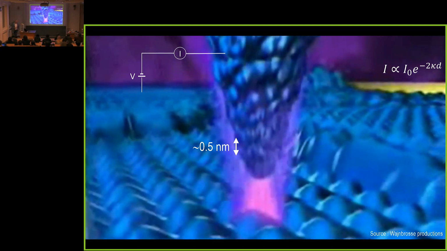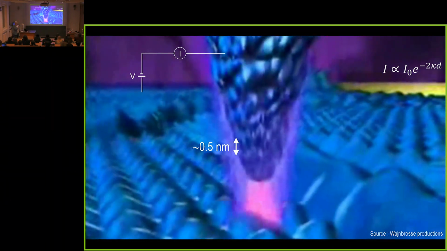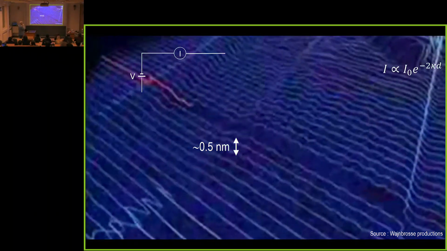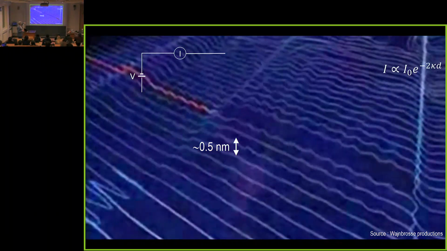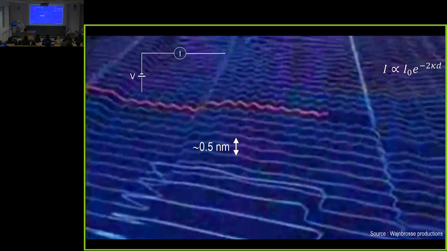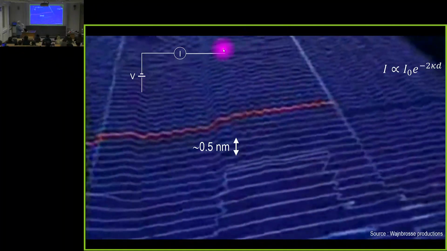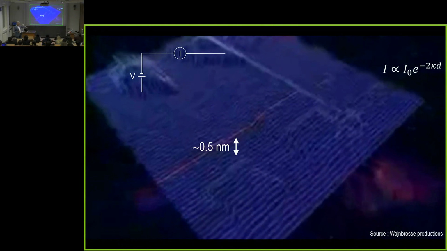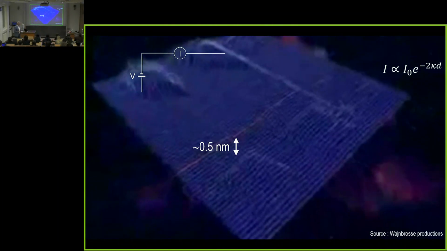Then you scan your tip along the surface, and this is now the constant current mode that Eliot was explaining. And you see now if you have these higher lying atoms, if you do it at constant height, the tip would just crash into it and you would destroy everything. And then you get these sort of line scans, and that's what they did on the silicon 7x7. And then they cut out these lines to make up a 3D picture of that.